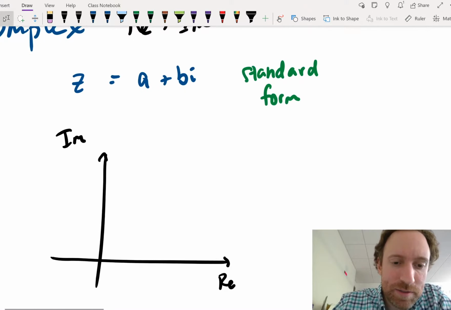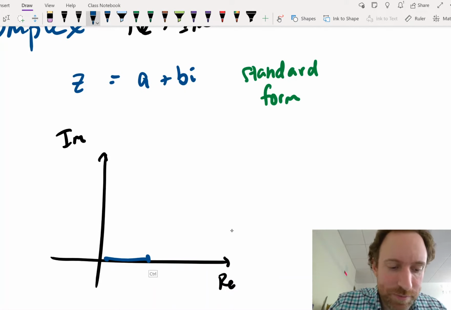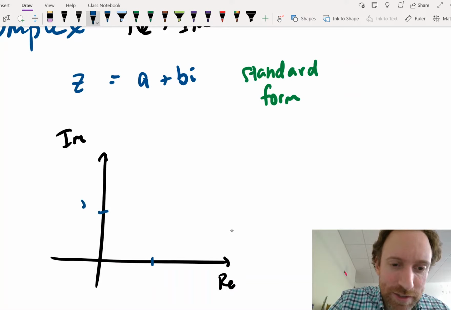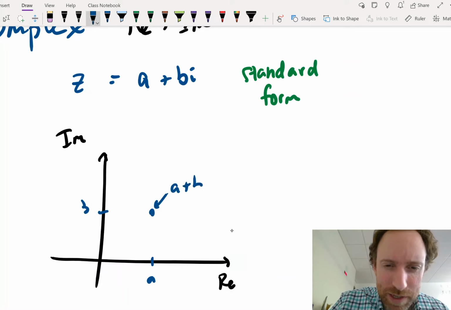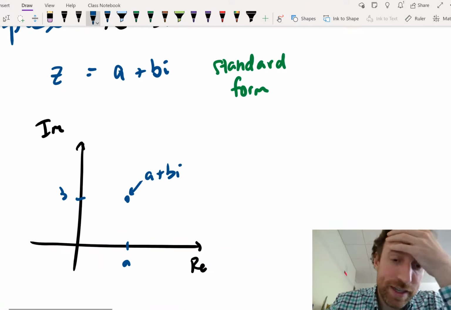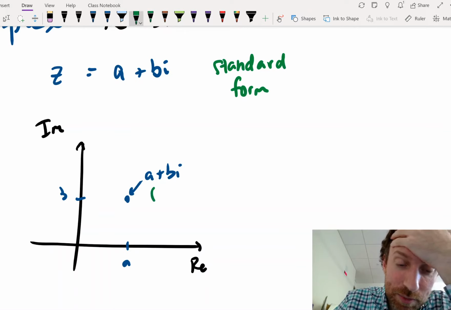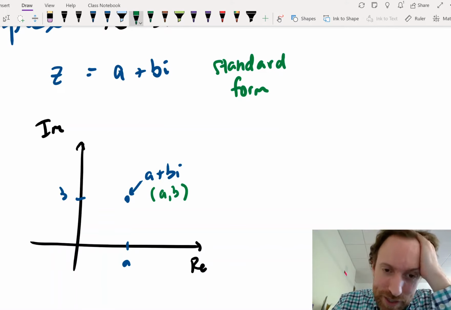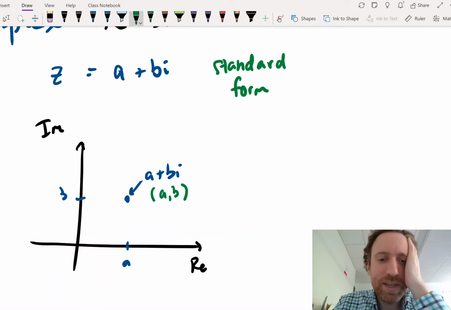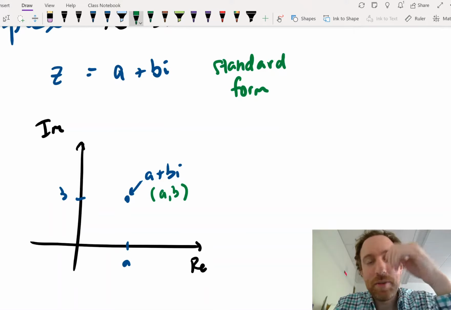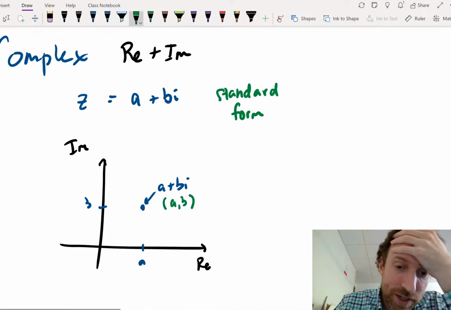And to find the number a plus bi, you just go a in the real direction and b in the imaginary direction, and you end up here. This would be a plus bi. So complex numbers are inherently two-dimensional, which is one of the reasons why you want to write them in standard form, because you can think of this point as a point with coordinates a comma b. And you see it's two-dimensional because it requires two pieces of information, the real part and the imaginary part.